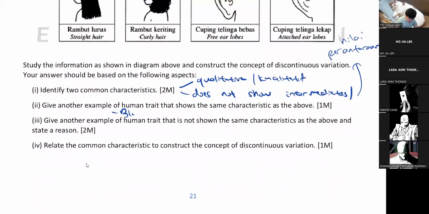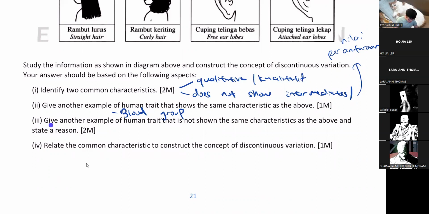So many. You have blood group, kumpulan darah, fingerprint. You might say, Sir, I thought fingerprint is different. Yes, everyone has different fingerprint, but every one of us has either one of the 4 shapes. There's only 4 shapes for fingerprint. Ability to roll tongue, either a yes or a no. There's only 2.